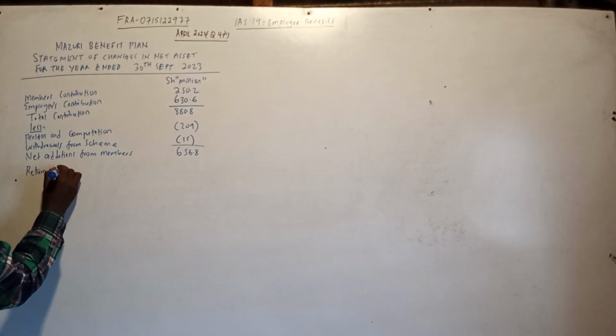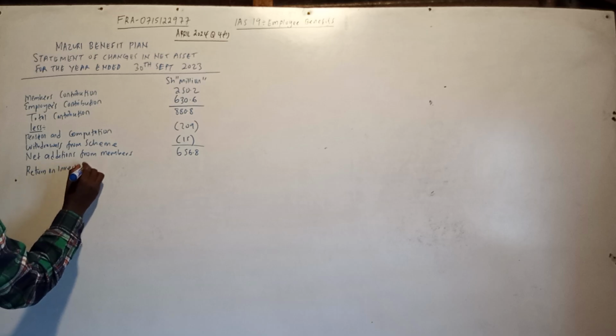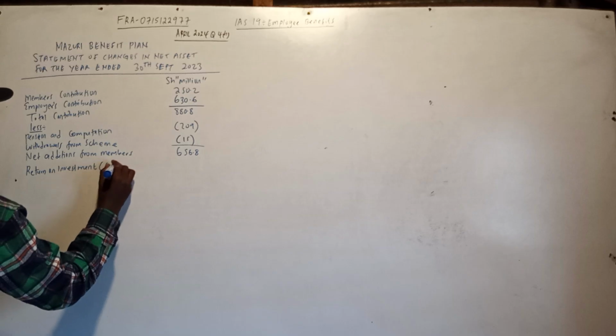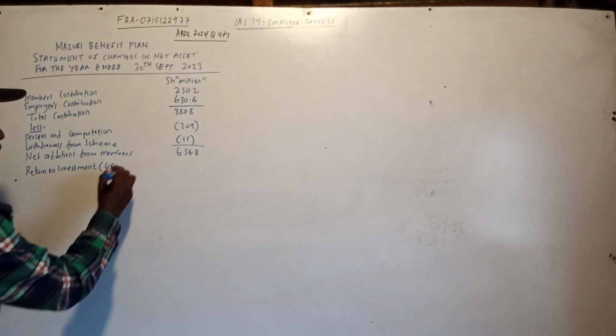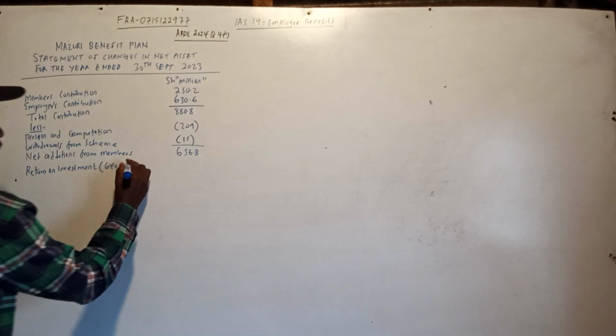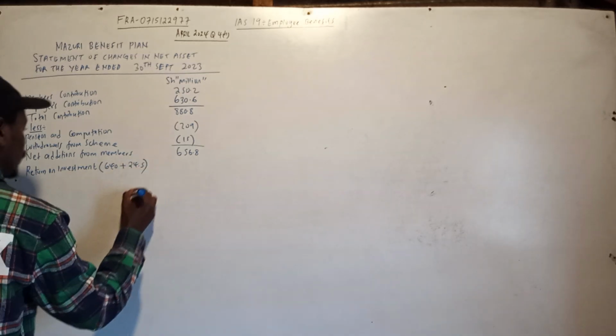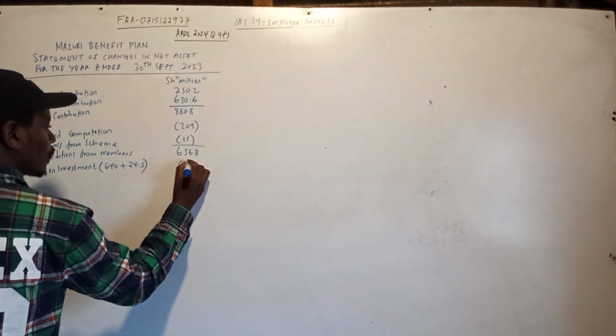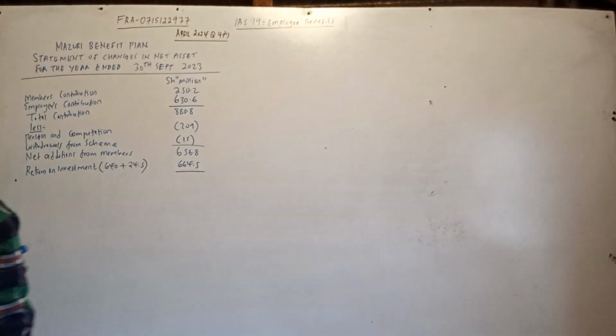Return on investment was 640. But remember, we had additional information of interest on investment, which was accrued income of 24.5. So 640 plus 24.5 is 664.5.